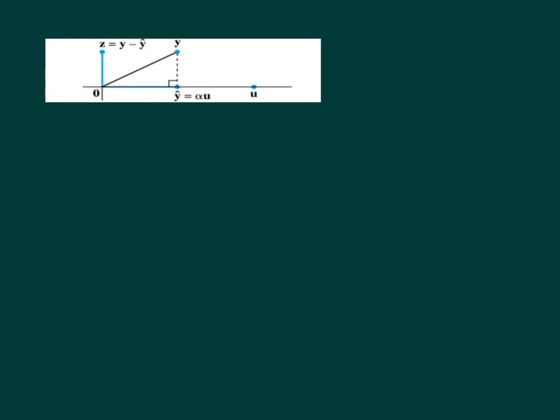Given any two vectors, y and u, sometimes we'd like to write y as a sum of two vectors where y hat, as we usually call it, is a multiple of u, and z is a vector that is orthogonal to u.